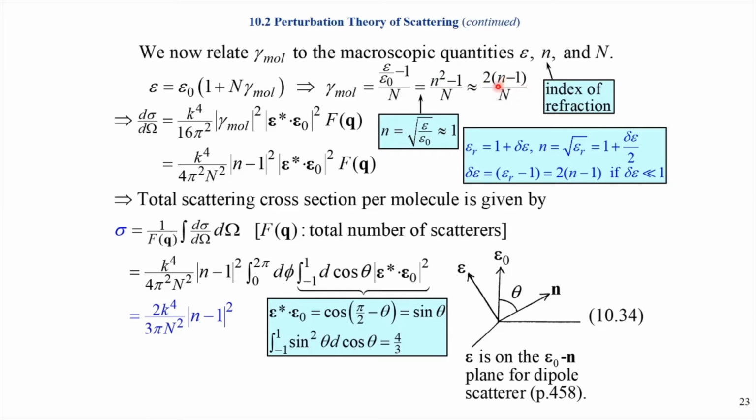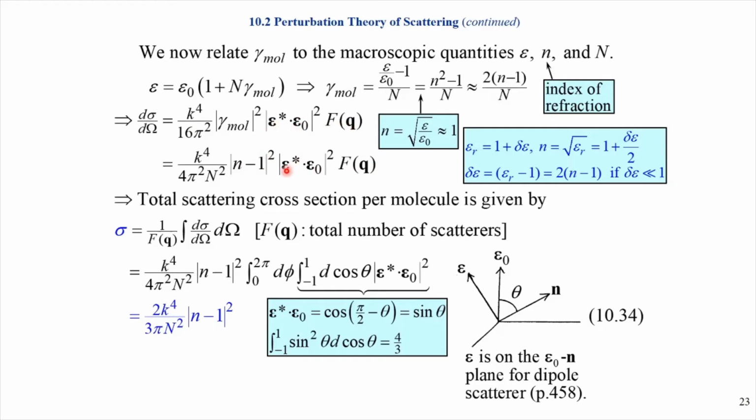So we have gamma mol can be written into this form, 2 times n minus 1 divided by N, okay? So we can rewrite into this form, and we have 4 here. So eventually the dσ/dΩ is k to the 4th, 4 pi square, n square, n minus 1 absolute value square. This part is the same.